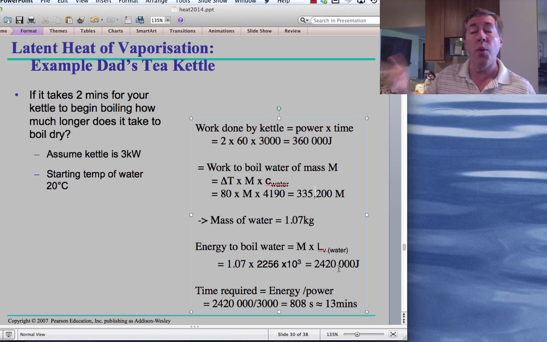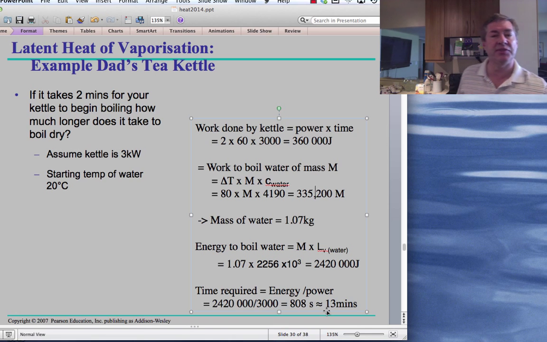I need 2.4 million joules to boil all that water away, and I'm only supplying energy at a rate of 3,000 joules per second. So 2.4 million divided by 3,000 comes out to about 800 seconds. So if it took me 2 minutes to bring the water from cold up to the boiling point, it's going to take me another 13 minutes before it all boils away.